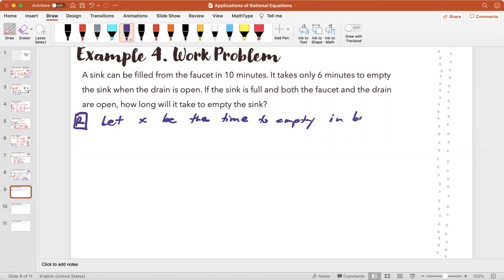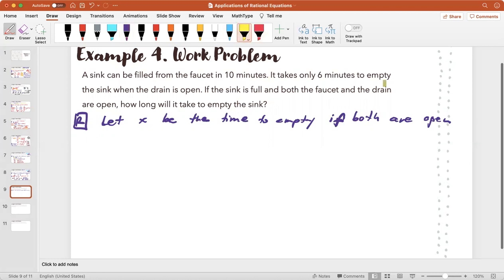If both are open. All right, so let x be the time to empty the sink if both are open. Which one is faster here? Is it the filling or the emptying?